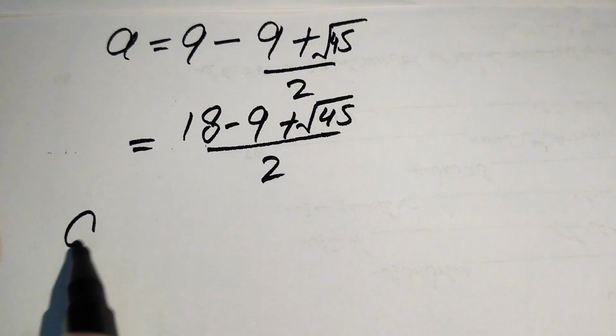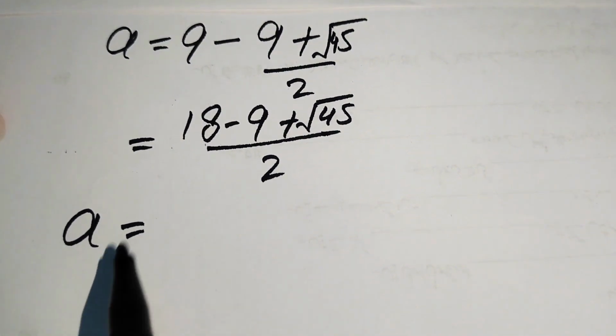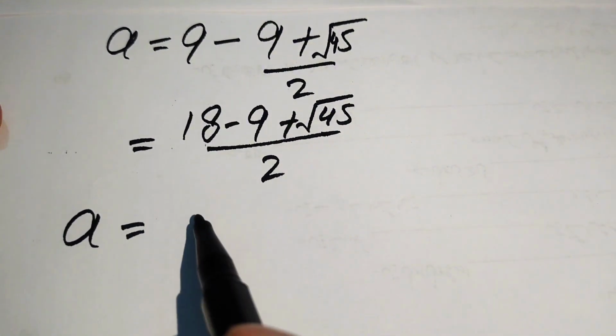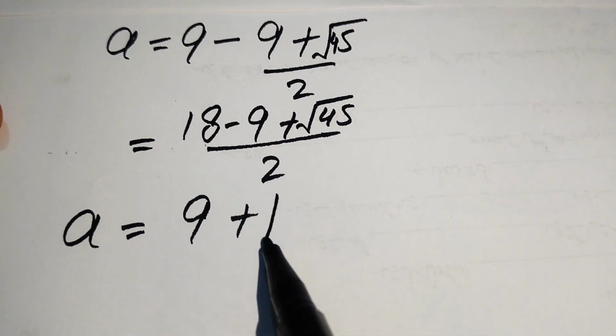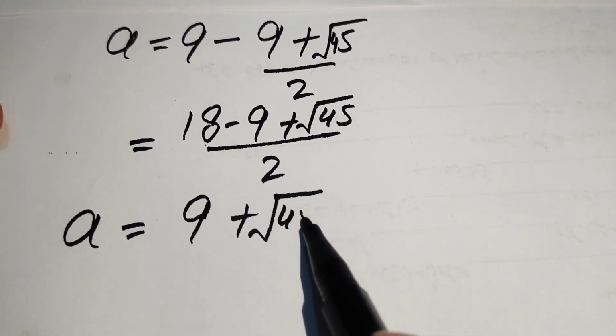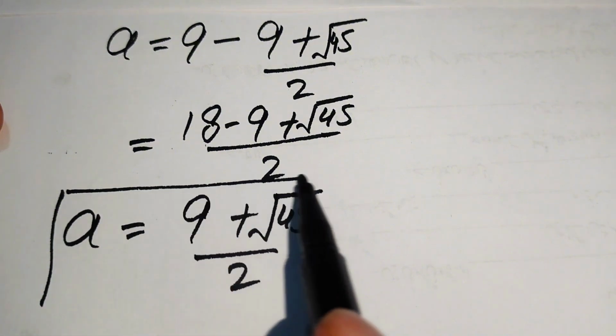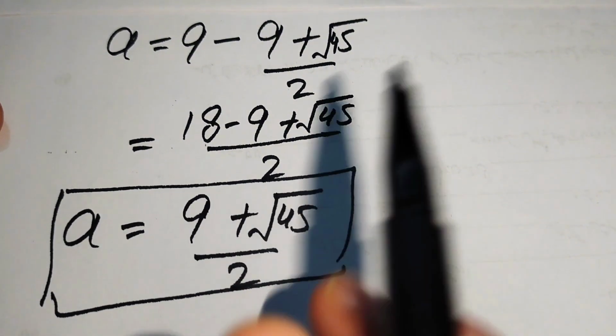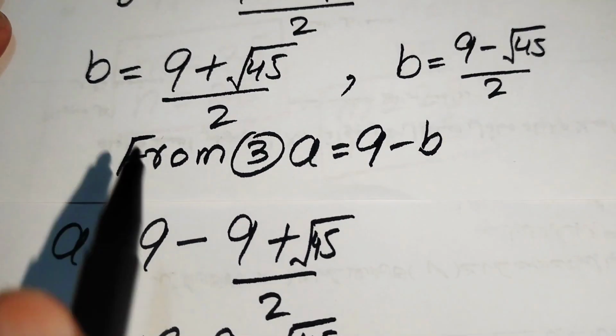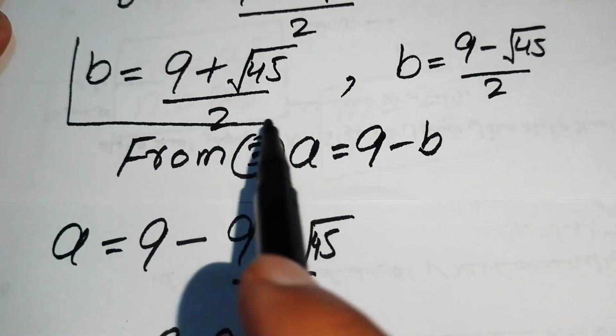So the value of a is 18 minus 9, which becomes 9 minus square root of 45 divided by 2. This is the value of a when b is this.